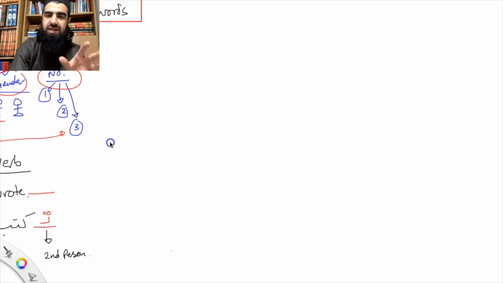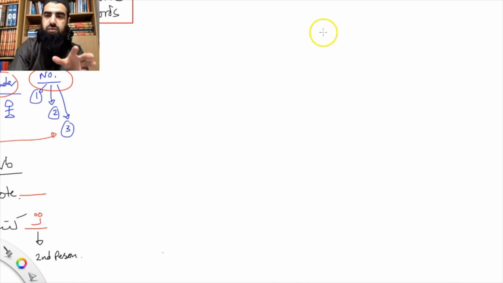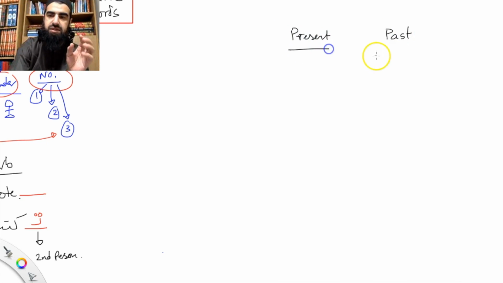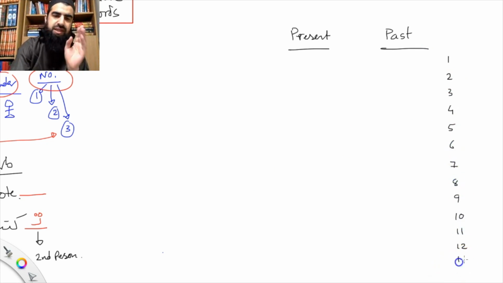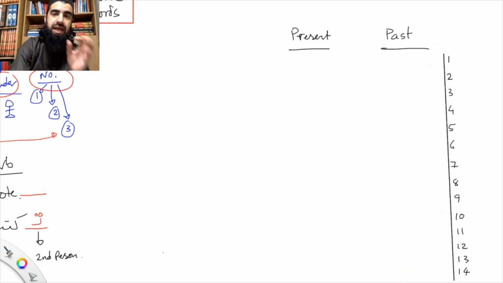Now we can actually take this, and in Sarf we make a whole list of words based on the past and the present, and it's a list of 14. So we can make a list now of 14 going down, and we're going to take the root verb, which in this case is the word kataba. And like I said to you guys, kataba means to write.